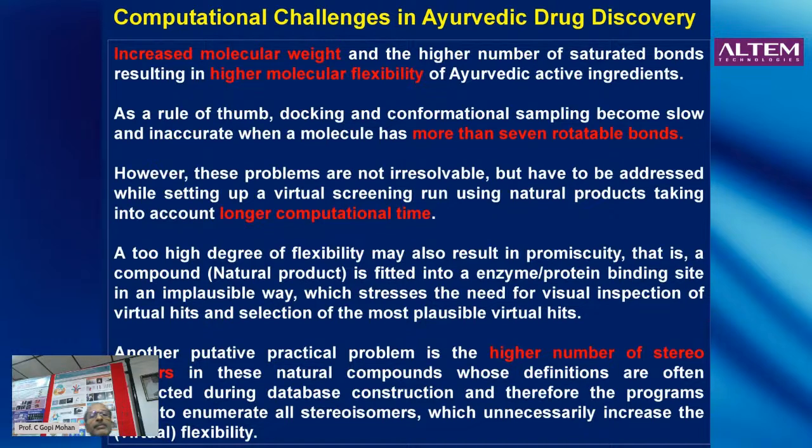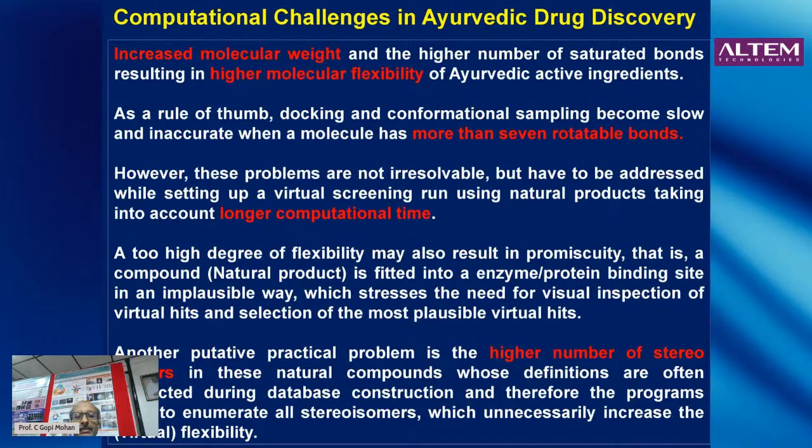Even performing virtual screening properly is difficult because of the large number of conformations and stereoisomeric forms. Too high a degree of flexibility may also result from a ligand fitted into an enzyme or protein binding site, which is also highly flexible, and this does not properly explain the molecular mechanism of interaction. This stresses the need for visual inspection of virtual leads and selection of the most promising virtual leads. So all these things are the challenges.